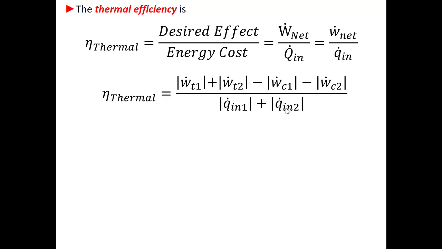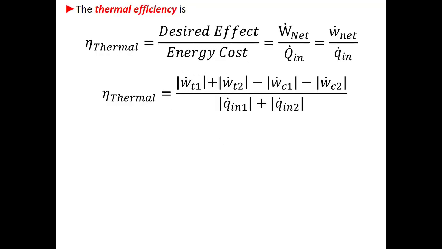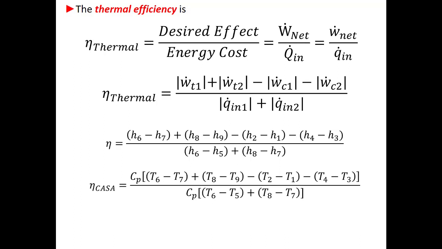If we were using the first law, we could just make all of these H in minus H out on the top and let the first law worry about the signs. So that's what we're basically doing here. Now we have an expression for thermal efficiency that's a function of only these enthalpies. If I was doing a cold air standard analysis, which I'll go through today, although we won't actually find the numbers, I'll just go through the process.